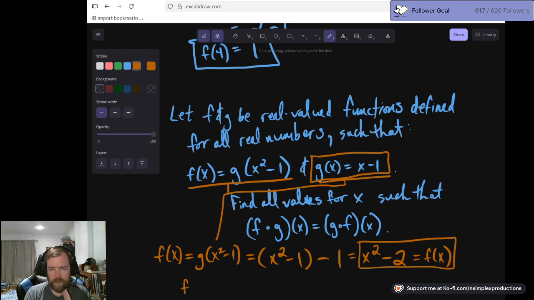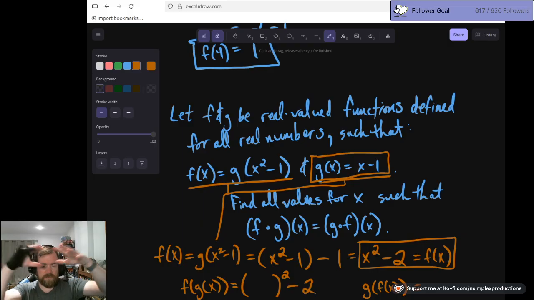Now we want to look at what is f of g of x and what is g of f of x, and then where are those two things equal to each other. So f of g of x, we take f, we say this is going to be something squared minus 2. Again, f is the framework. The outside thing is going to be the framework for how the rest of it looks.